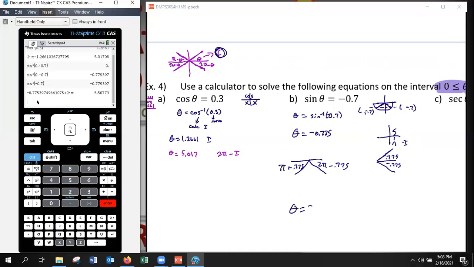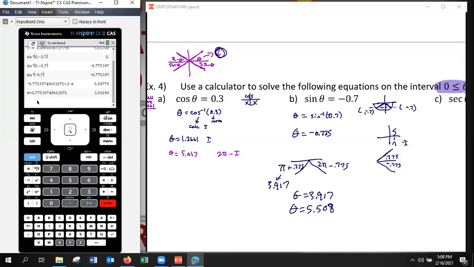So theta is 5.508, if I do my rounding. And then the other one is going to be pi plus the 0.775. Because it needs to be positive, I'm going to make it into pi plus that positive angle. And that's my quadrant 3 answer of 3.917.